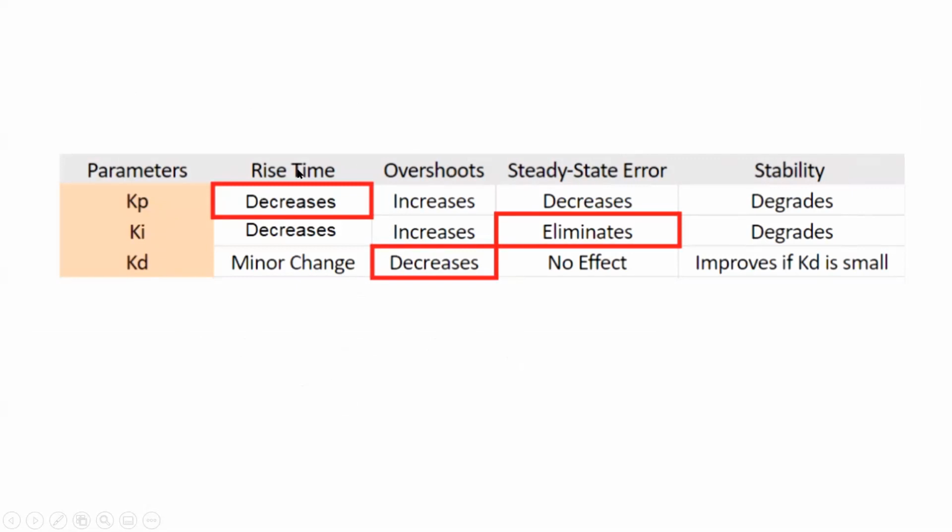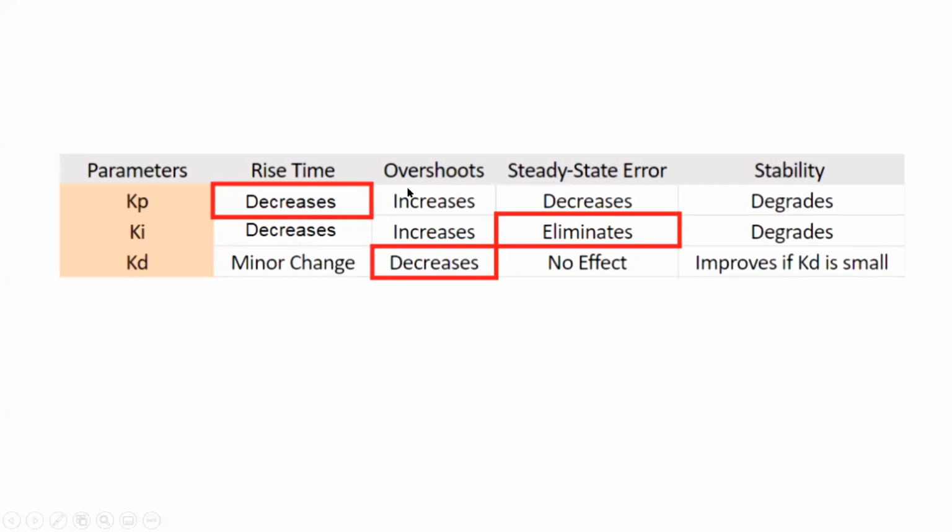What do you mean by rise time? Time taken to reach the value, that is, the time taken to reach the desired value. That time decreases with the proportional gain. Meaning if you have a higher proportional gain, the faster it will reach that desired output.